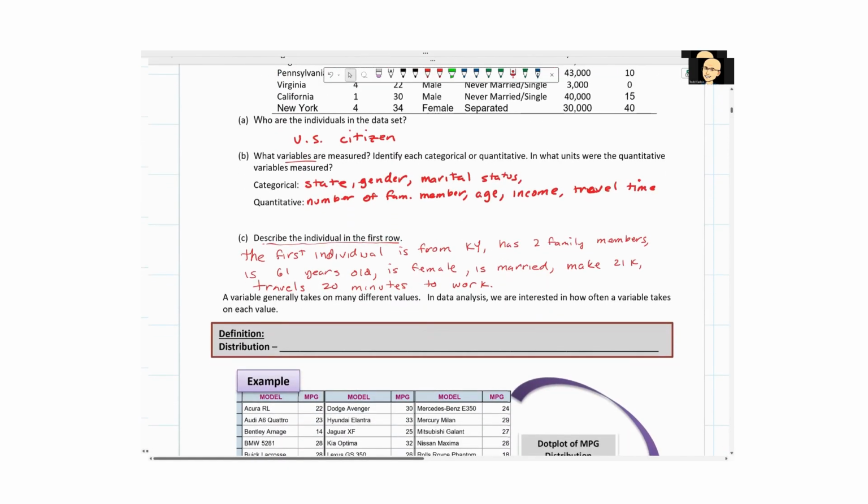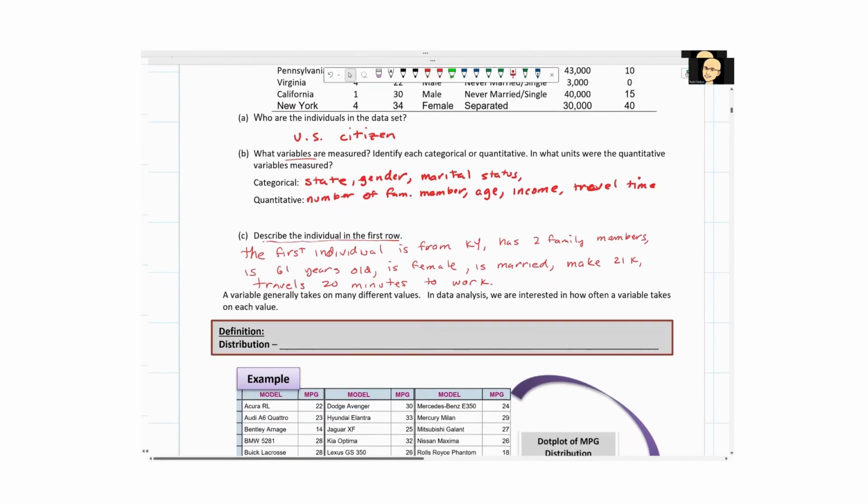Now, yes, we have individuals that are in these data sets, but what happens when we look at the data sets as a whole? Well, when we look at them as a whole, we talk about their distribution. So what is a distribution?